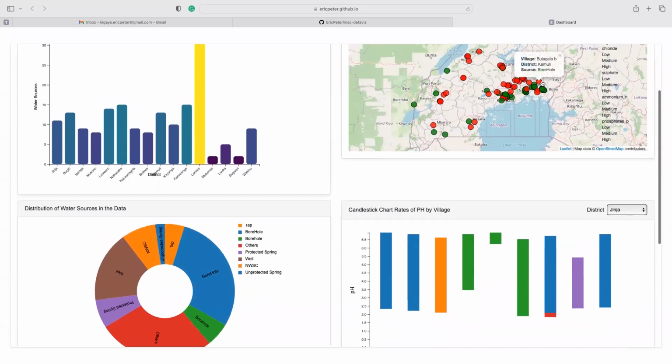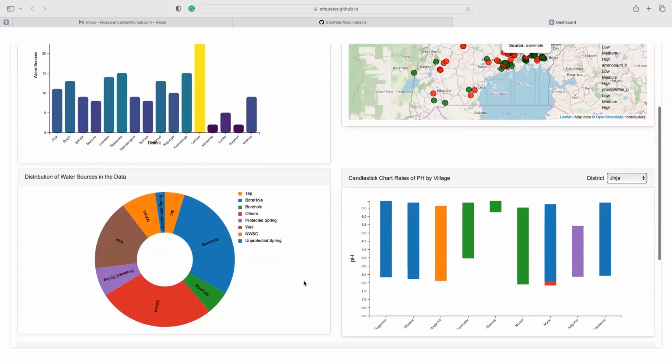For example, when you look here in Kamuli, in regions of Bugweri, we realize that there are so many boreholes being used as the water sources in this particular case. Hence, of course, there are also other sources, but we also recognize the availability of wells in this particular sense also.